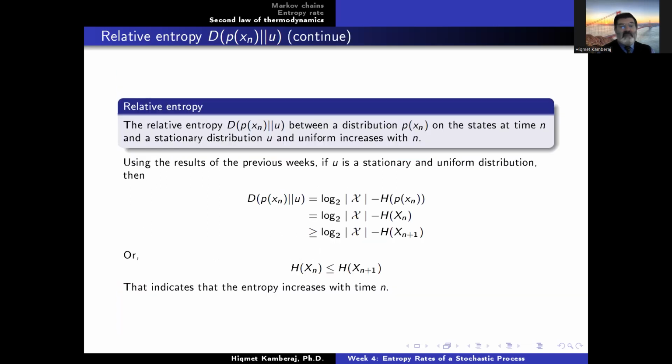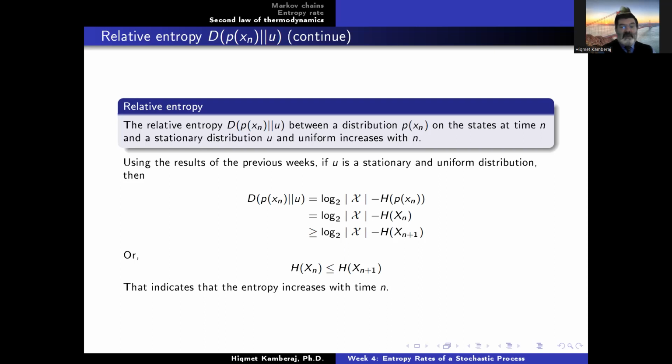Now, before I go there, consider this: the relative entropy D of P of xn from U, between the distribution P of xn on the state at time n and the stationary distribution U, and the uniform increases with n. Let's show this.